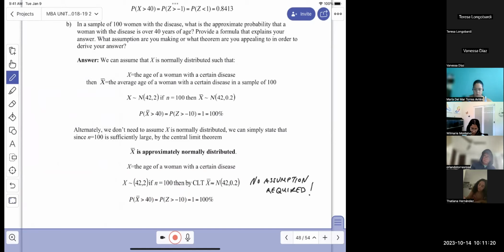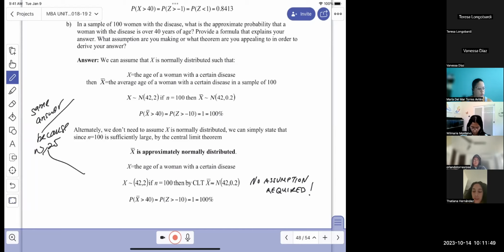Now, the answer ends up being essentially the same in either alternative, because n was bigger than 25. We were able to do that.